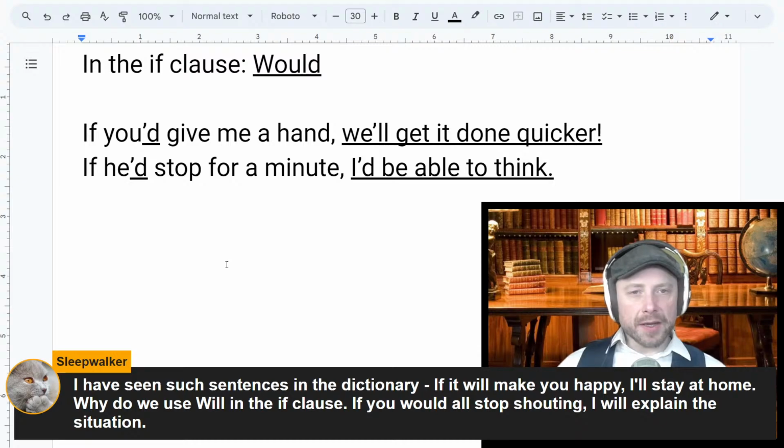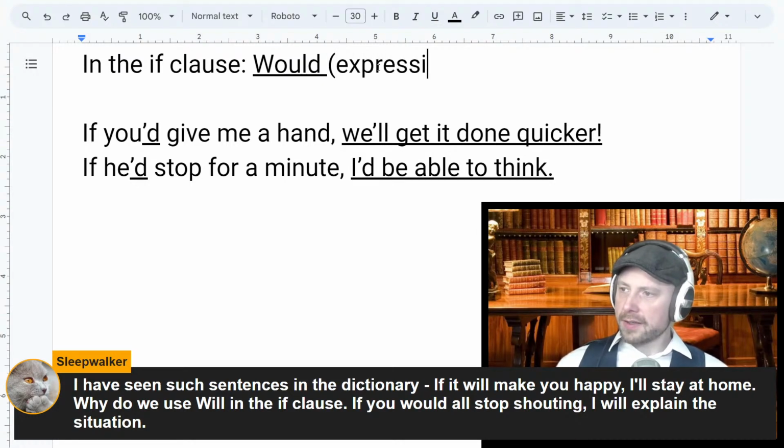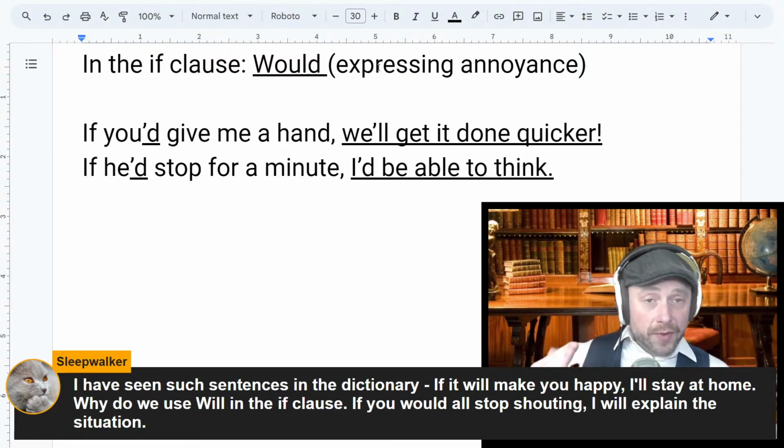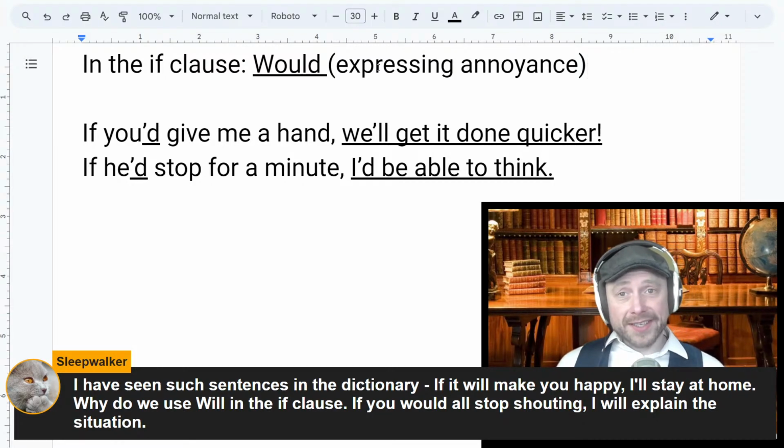But you can notice something about this. Again, there's something sort of behavioral. It's almost like we're expressing annoyance, either that you are doing something or not doing something.